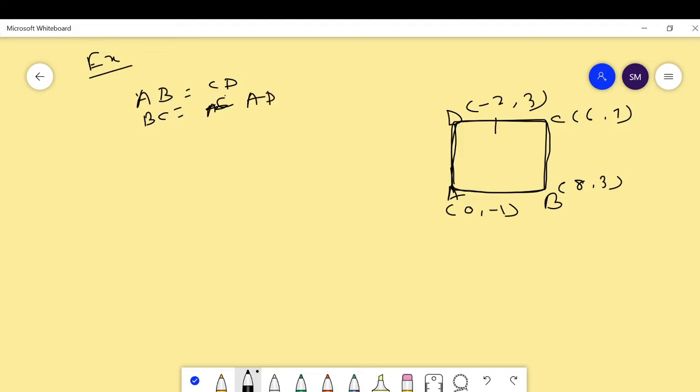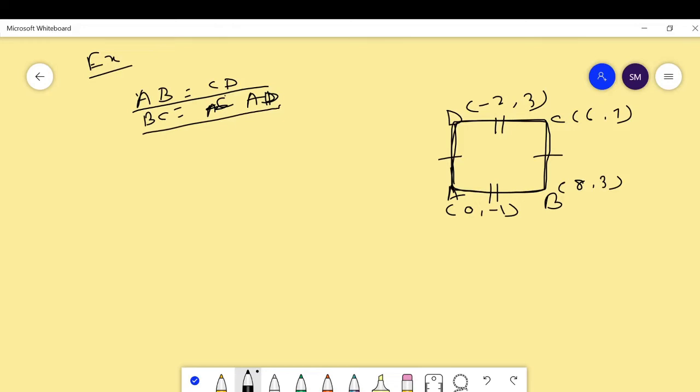First we prove that this side is equal to this side and this side is equal to this side. Then, if AB equals CD and BC equals AD, this may be a parallelogram.